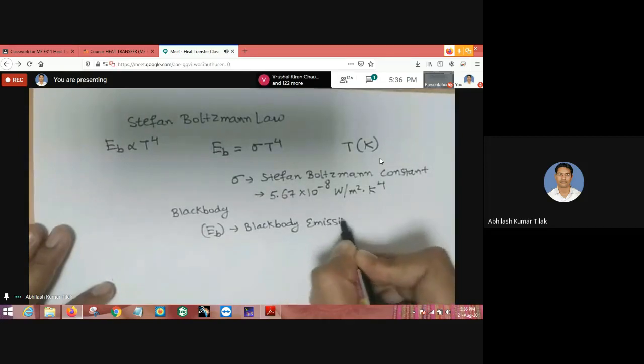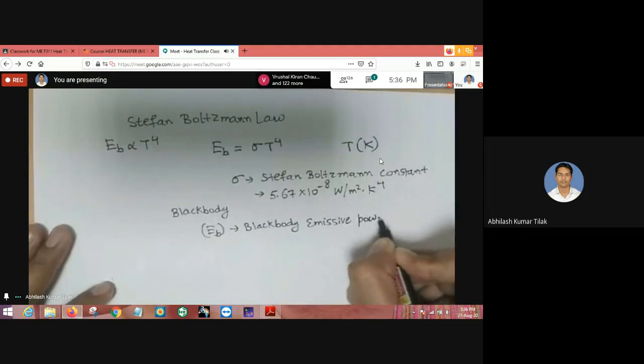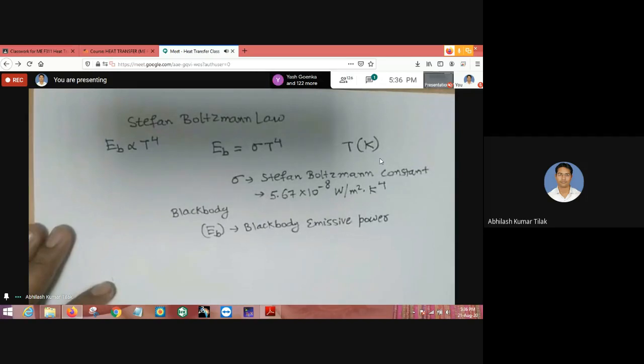For a real surface, the emissive power is defined as epsilon into sigma into T to the power 4, where epsilon is known as the emissivity of a surface.